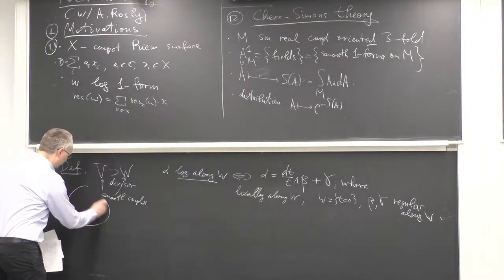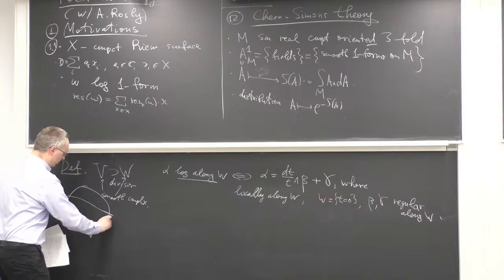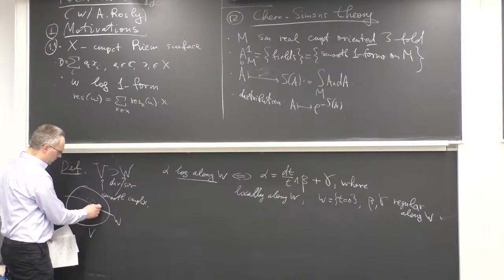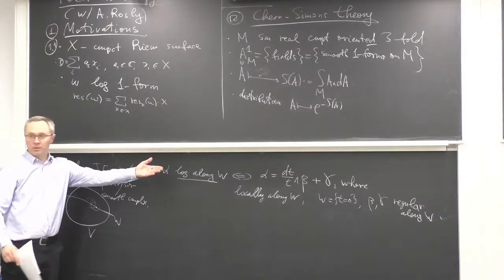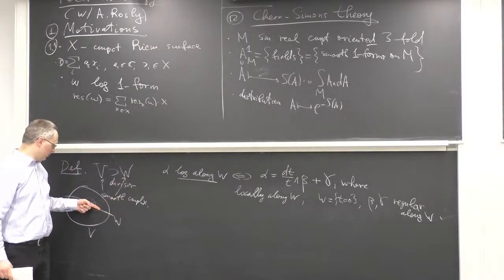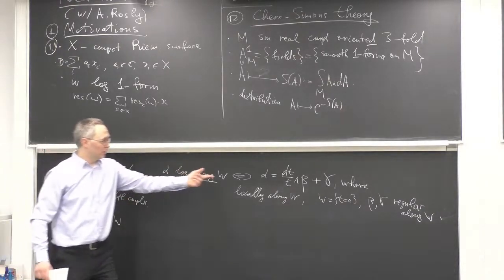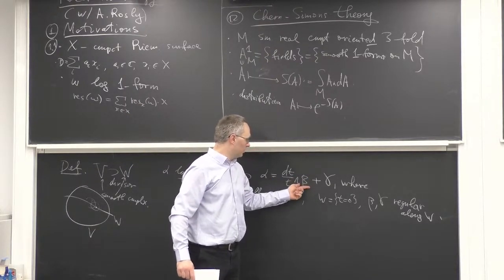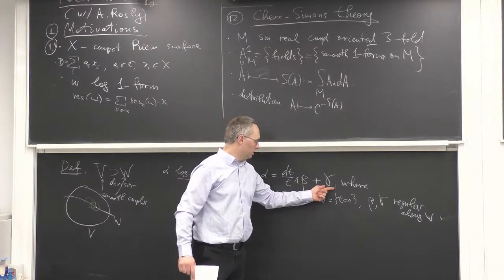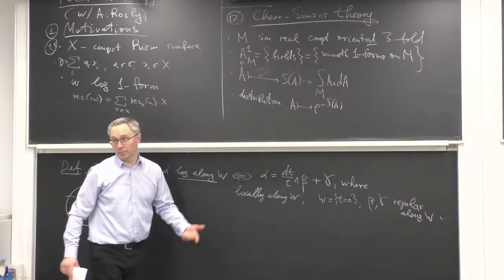So you have your V, you have W, and in each neighborhood you can represent your form like that, where t is a local equation of your subvariety, and then you weight it by a regular form of degree less by 1, and here the same form of the same degree but a regular one.